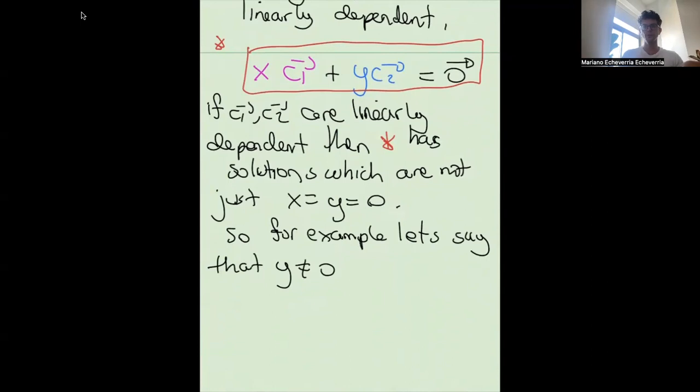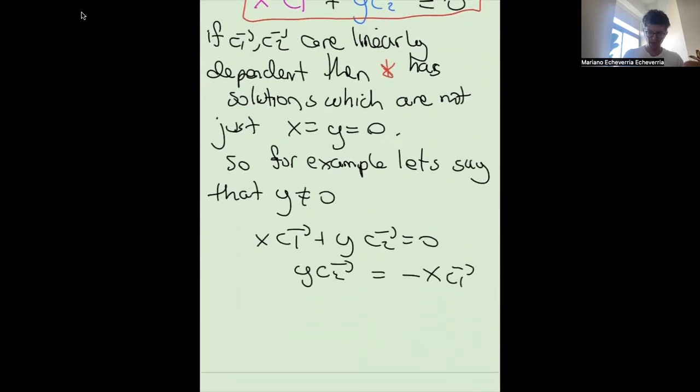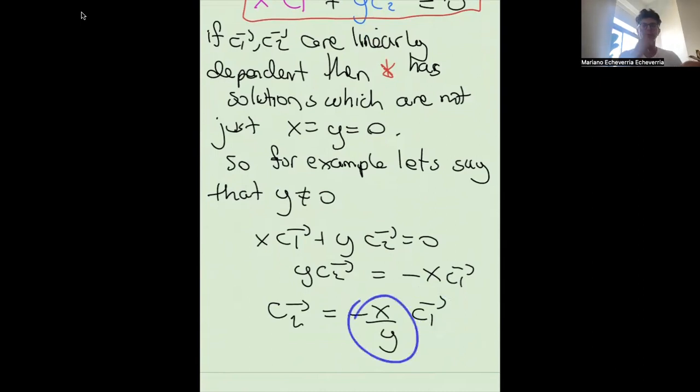So we can go back to this equation, which I can write in this way. And since y is non-zero, you can solve for C2. And so what does this equation say? It says that C2 has to be what in terms of C1? It's C1 times a number. So what does that mean?